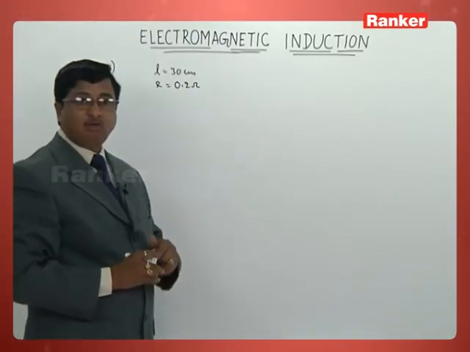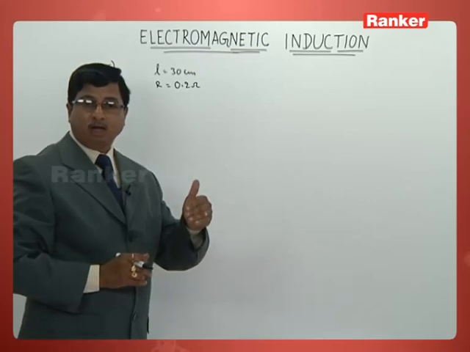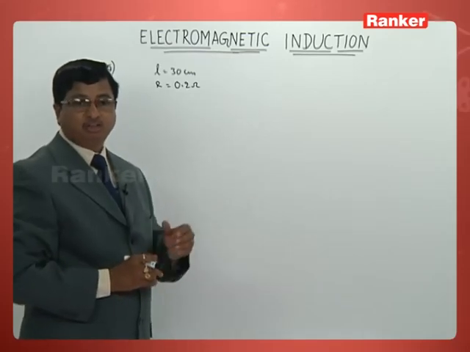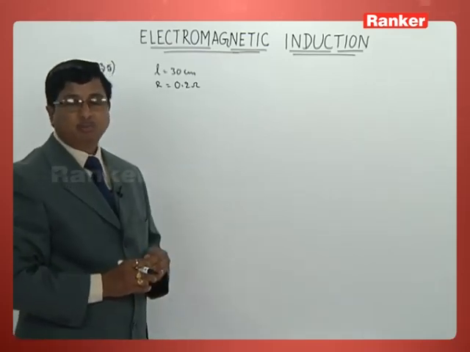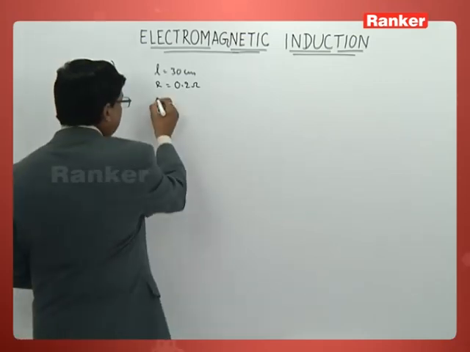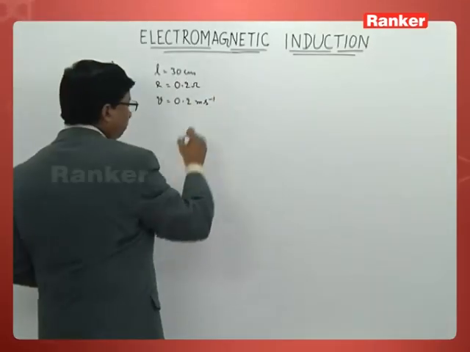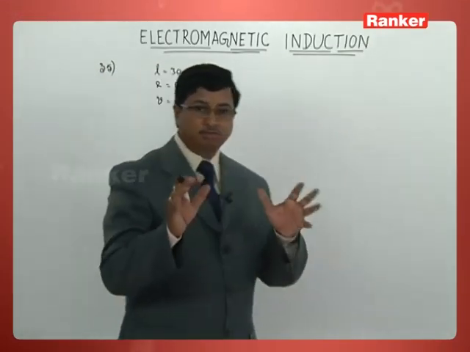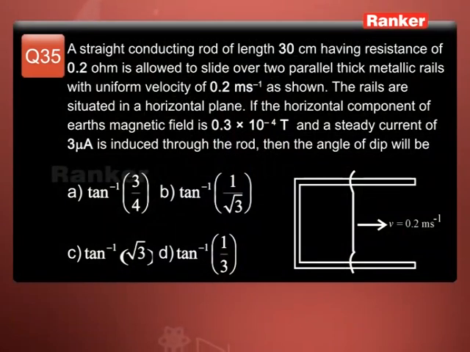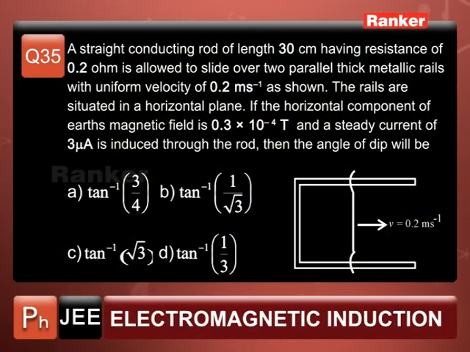And of course, it is allowed to slide over 2 parallel thick metallic rails with uniform velocity 0.2 meter per second. That of course, the velocity he gave 0.2 meter per second. That is the data given in the first sentence. Fine. The rails are situated in a horizontal plane.